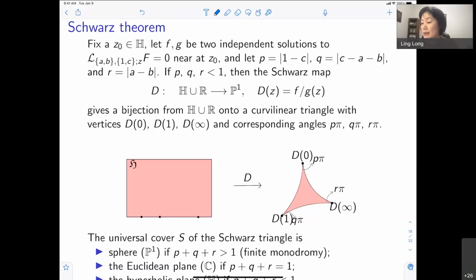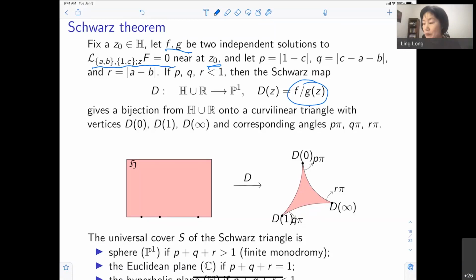The Schwarz theorem says that if you have two independent solutions to such a homogeneous differential equation near zero, what you can do is take a ratio. When you take a ratio, you get a mapping which sends the upper half plane, marked as pink, and the lower half plane, which is white.